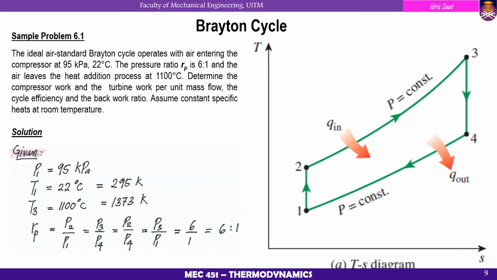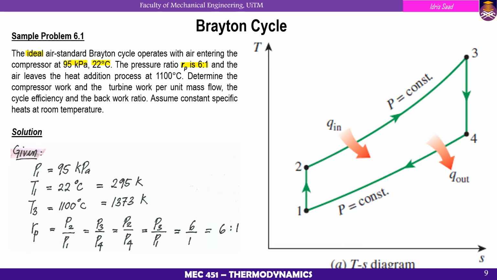This is sample problem 6.1, the ideal cycle of the gas turbine engine. Okay, let us read the question. The question says that the ideal air standard Brayton cycle operates with air entering the compressor at 95 kilopascal and 22 degrees Celsius. The pressure ratio Rp is 6 to 1.